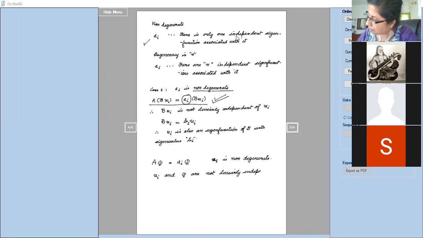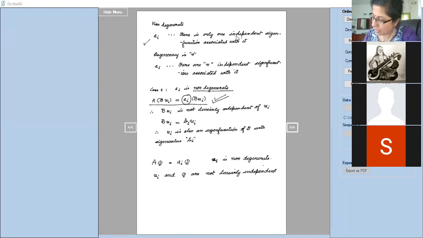If they were linearly independent, then the degeneracy would become 2. I will not be able to say it is non-degenerate. If it is non-degenerate, it means there is only one independent function, which is an eigenfunction of A with eigenvalue AI. Is this clear to everybody?